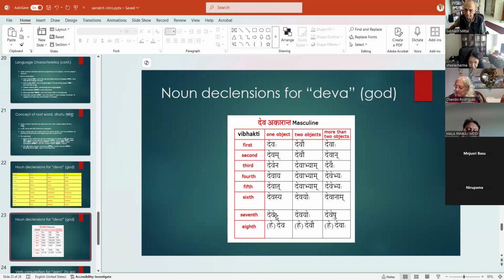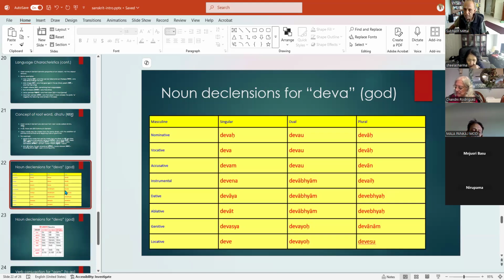Very good. Now, this is how the nouns are declined. And like I said, every ending, for example, this Deva is called Akaranta because it ends in A. That becomes Akaranta, which means ending in A. Now, if there is something like Mala, for example, or Sheila, that ends in long I, and that's a feminine gender.